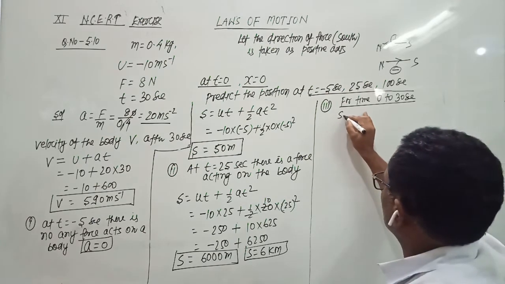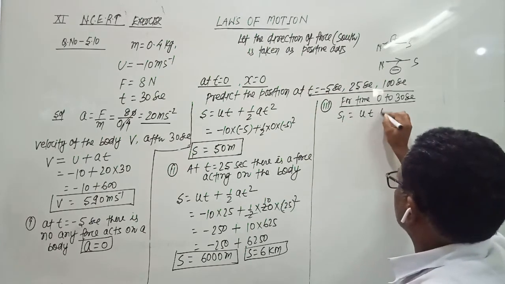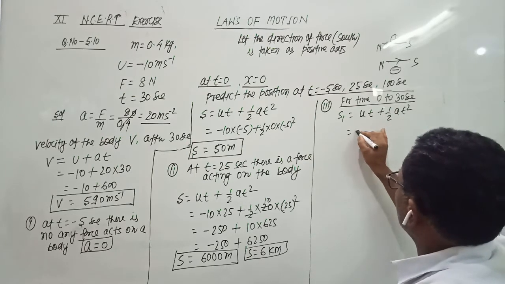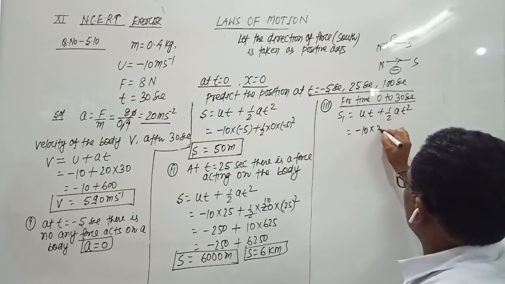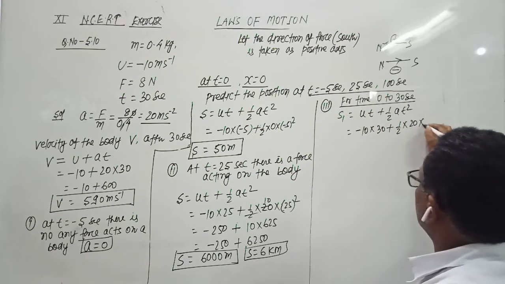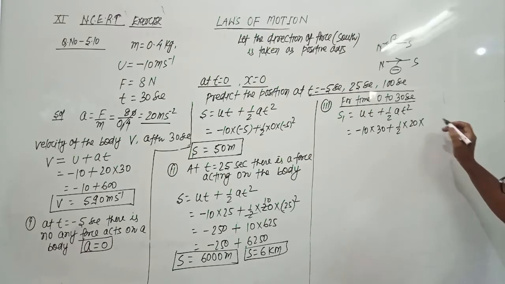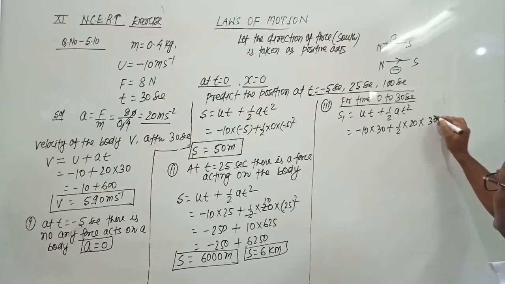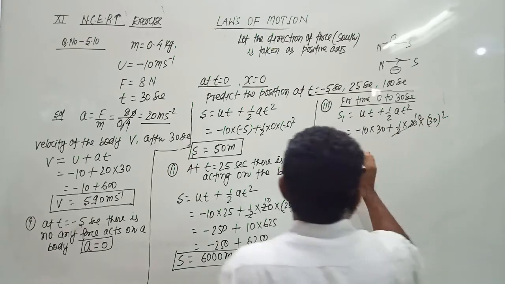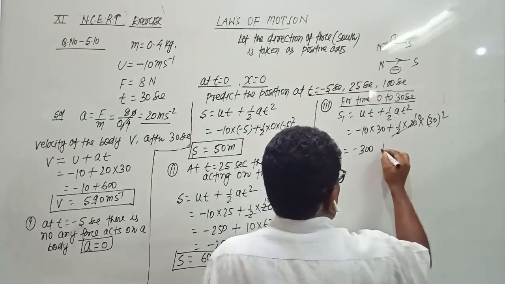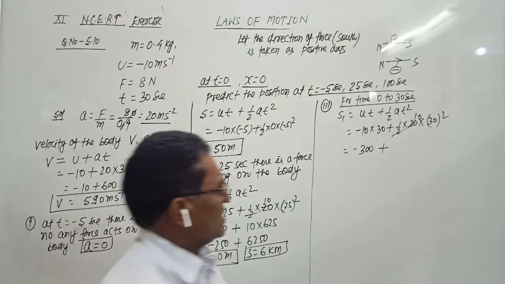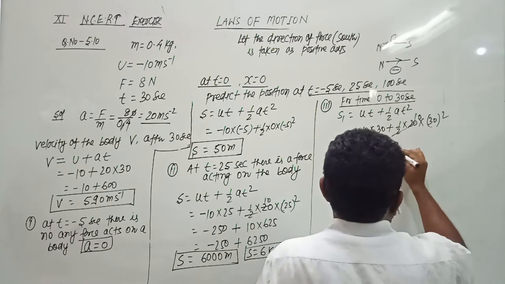So S1 equals ut plus half at square, where u is -10 times 30, plus half times 20, the acceleration we calculated, times 30 squared. It goes by 10. So -300 plus 30 squared, 900, 900 times 10 is 9,000.